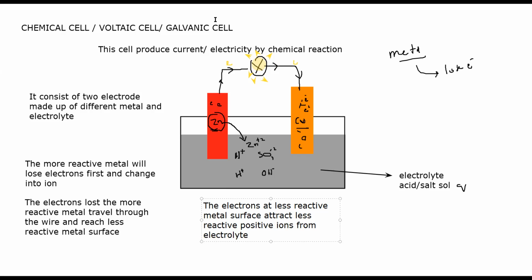So in this case, what happened? Which is the less reactive positive ion? Hydrogen is the less reactive positive ion. So hydrogen is attracted towards the electrons.